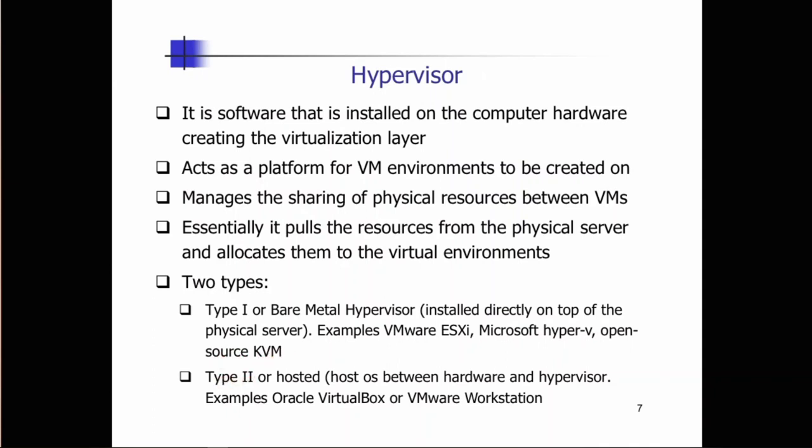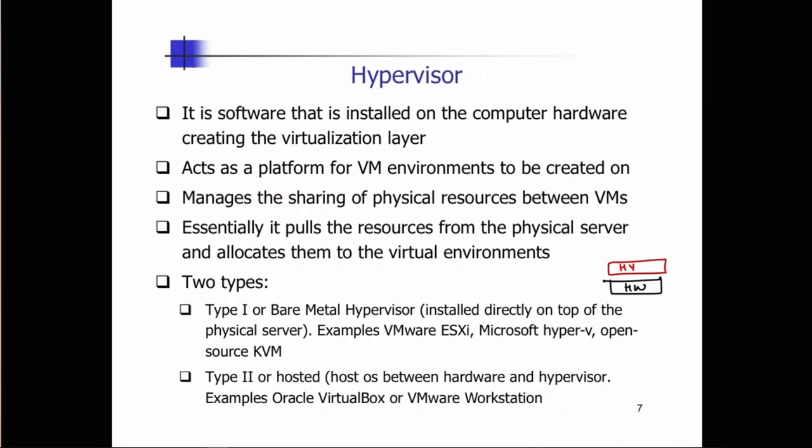Type 2 or hosted hypervisor is one in which there is a layer of host OS that sits between the hardware and the hypervisor. So in type 1, we have the hardware, and on top of that, we have the hypervisor.